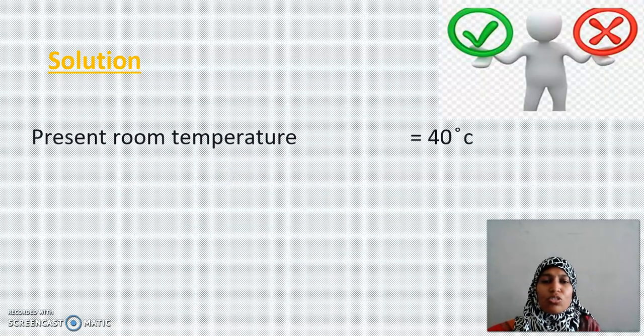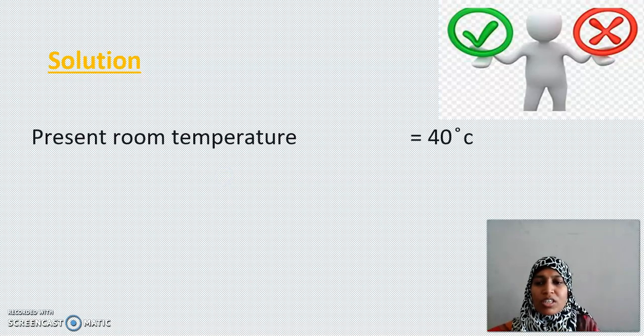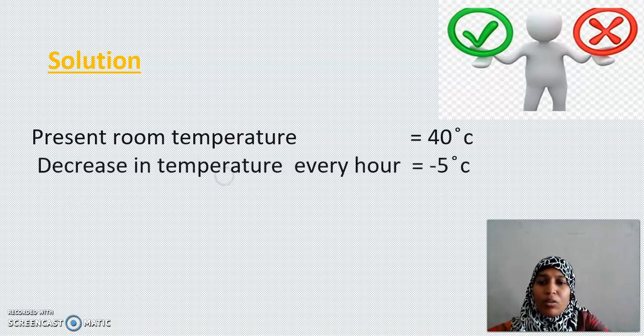First thing, the present room temperature is 40 degrees centigrade. What is the decrease in temperature every hour? 5 degrees centigrade. As it is decreasing, I have given a negative sign for that integer. Room temperature is noted as a positive degree; it represents hot.